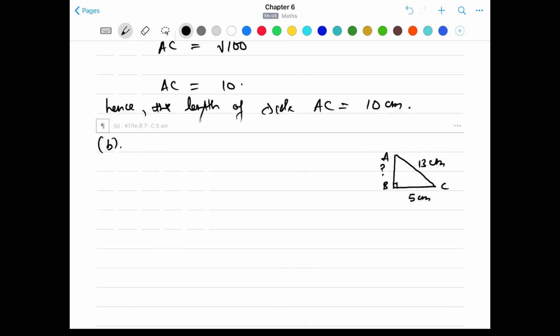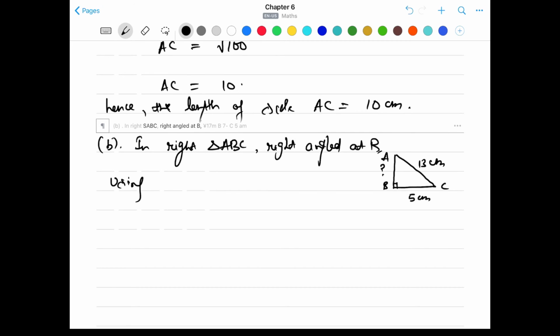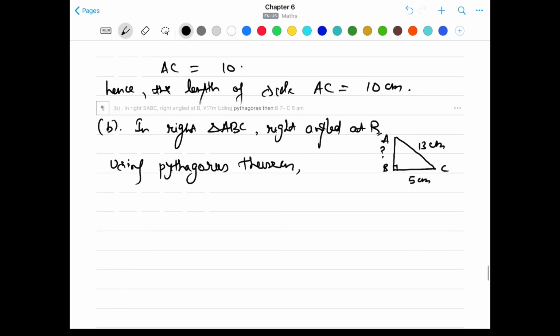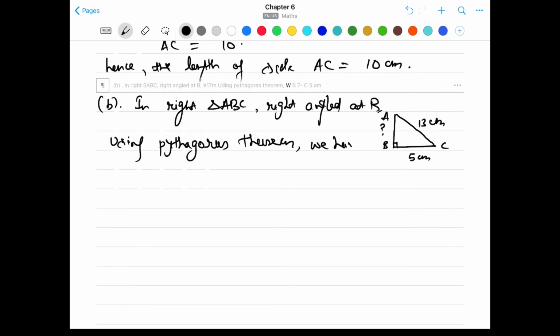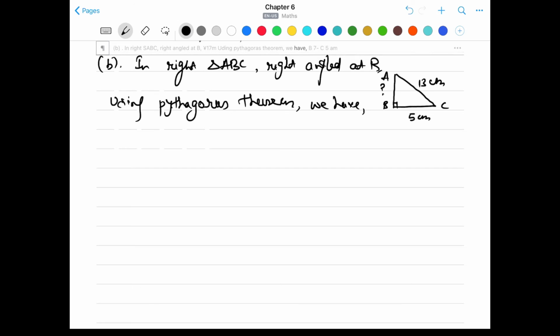Okay, so we'll write in right triangle ABC, right angle at B, using Pythagoras theorem, we have, if you apply the Pythagoras theorem to this triangle, the Pythagoras theorem says the square of hypotenuse, which is AC, is equal to the square of base plus perpendicular.